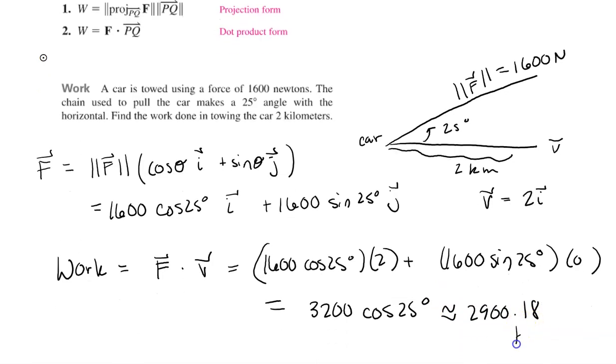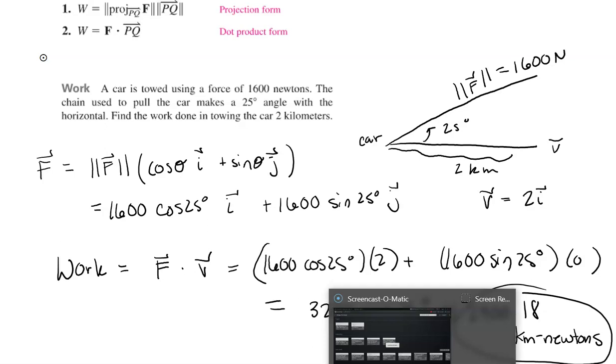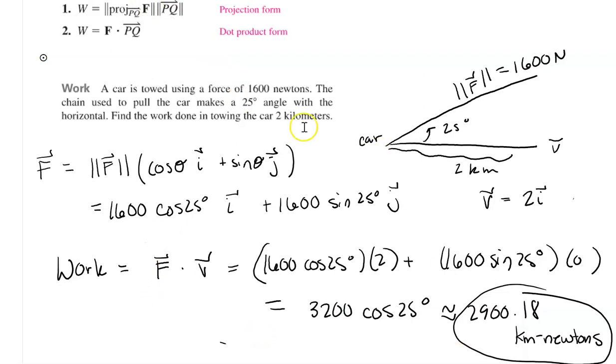And the units for this are kilometer newtons. And don't let your physics teacher judge me. This is how the book in the Web of Science expects you to leave your units. Anyway, so that's one way that you can calculate work. Again, if you would rather, you can absolutely find the projection vector there and do the magnitudes, but either way is fine, and this is just the way that usually works out the easiest.